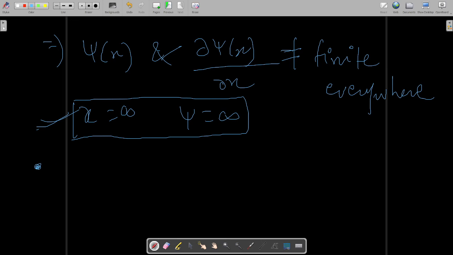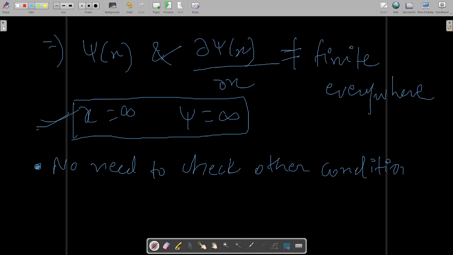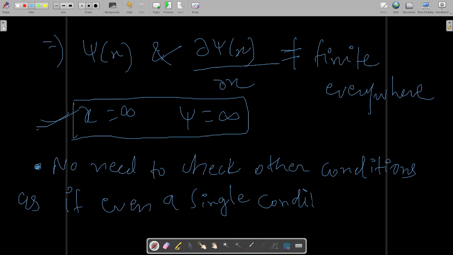Other conditions, no need to check. As if even a single condition is not satisfied, no need to check other conditions.